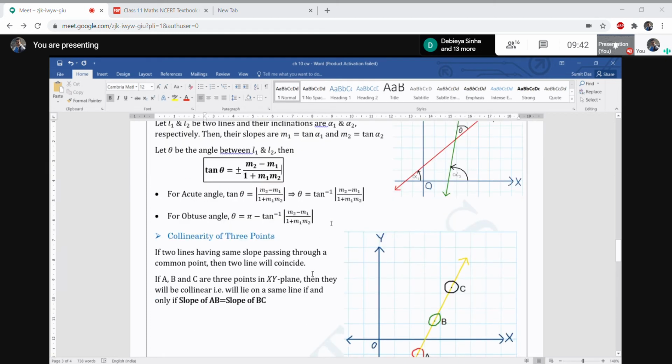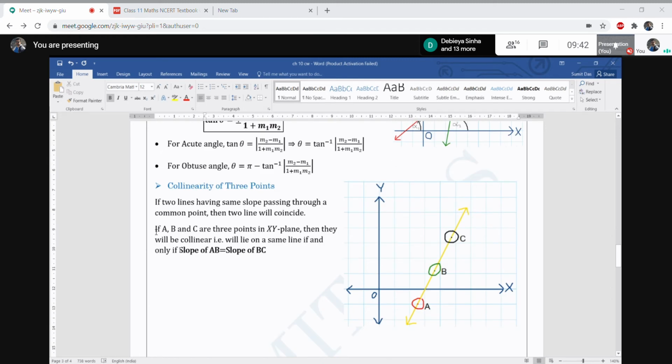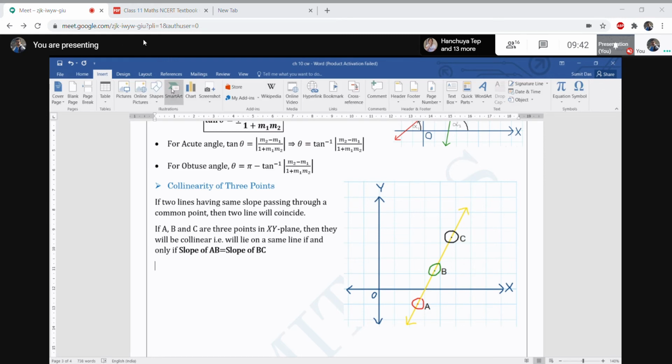Then this is the collinearity formula. So these are the formulas we need for exercise 10.1.